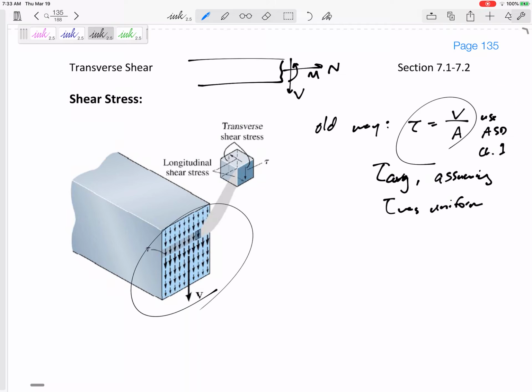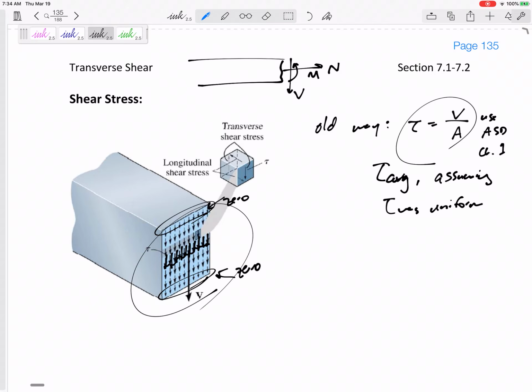But do you see what is really happening? It is not uniform. It's not uniform at all. It's at a maximum right across the middle. It's at a maximum, where do you think? Across the neutral axis. And it's at a minimum, actually it is 0 at the very top and the very bottom.